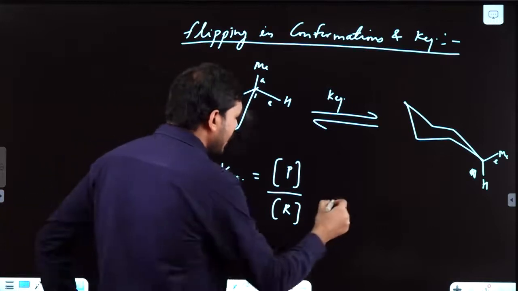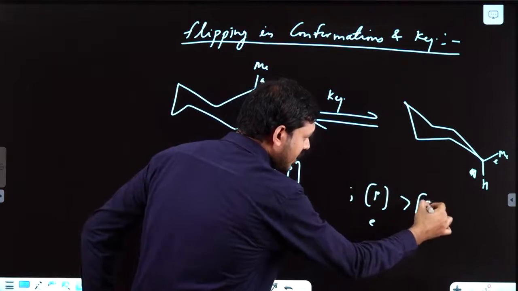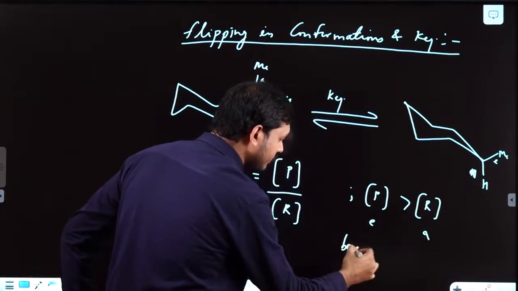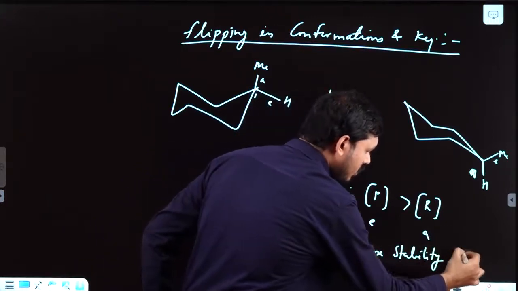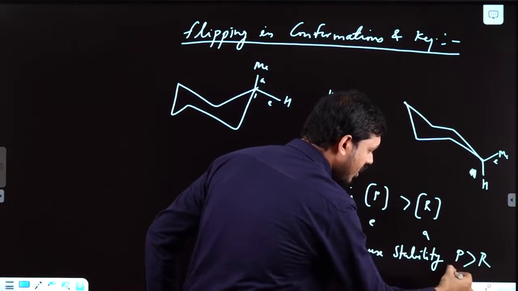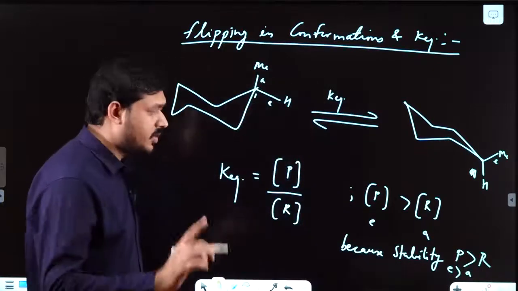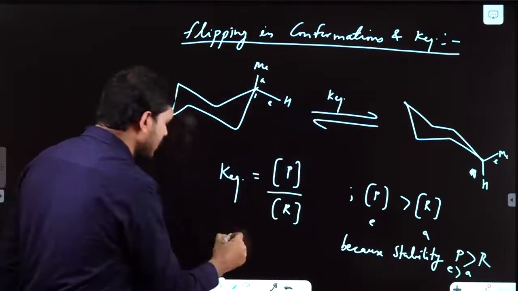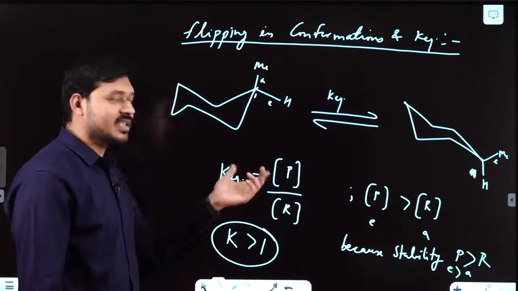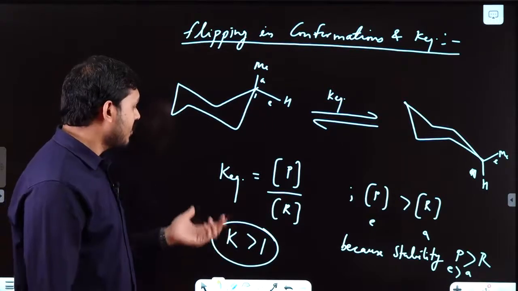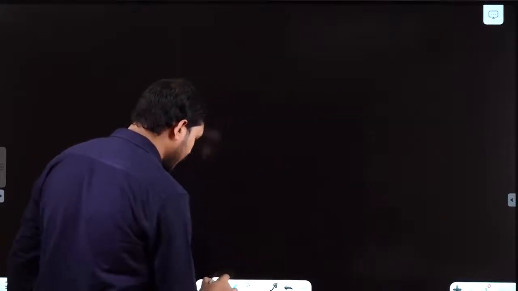Here the concentration of product, or equatorial part, will be greater than the concentration of reactant, or axial part, because the stability of the product part is greater than the reactant part. So we can say for this K is greater than 1. You will come across such questions, so you have to understand the importance of K equilibrium. Let's take some examples.